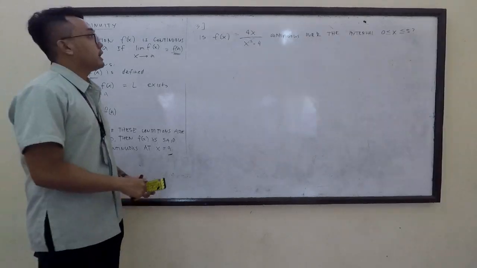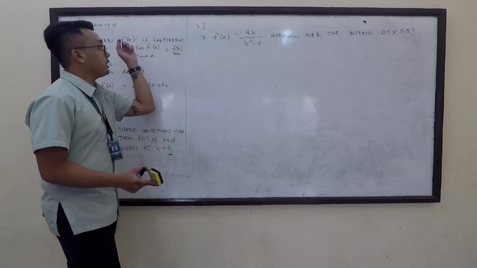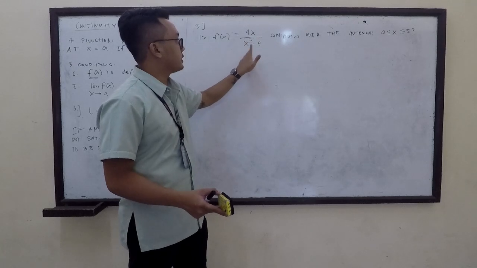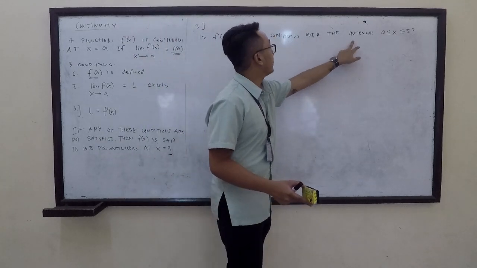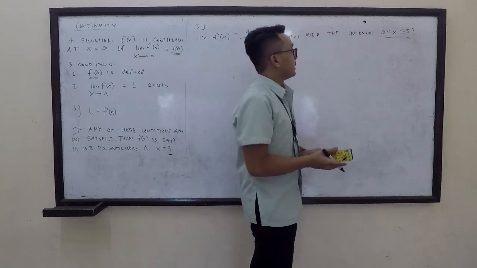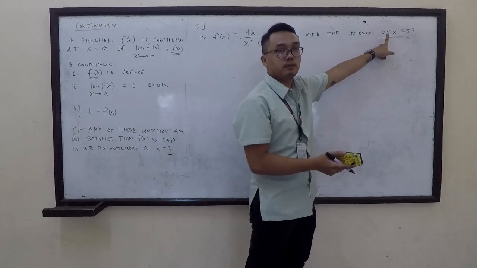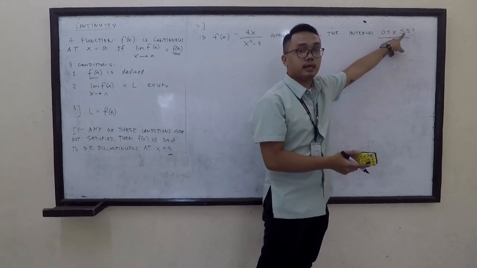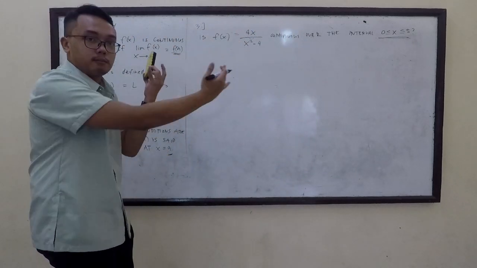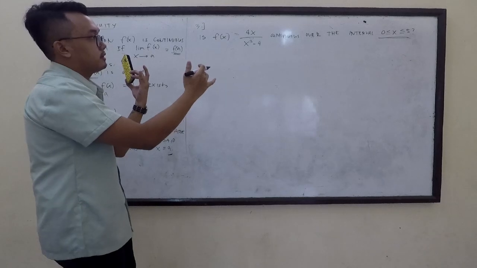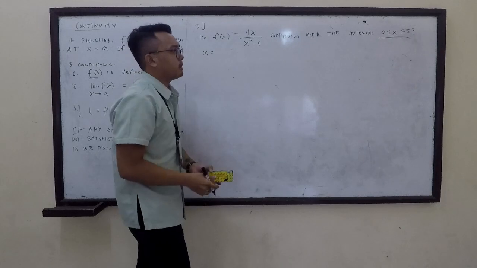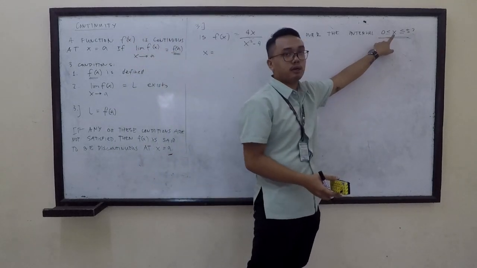Okay, so example number 3 for continuity. Is the function 4x over x squared minus 4 continuous over this interval? This interval means that x is greater than or equal to 0 and x is less than or equal to 5. If we list it one by one, the first value of x is 0, since x is greater than or equal to 0.